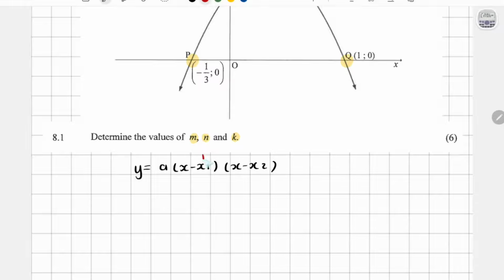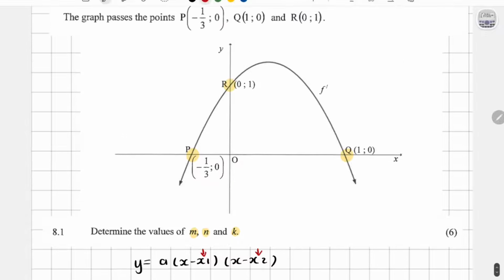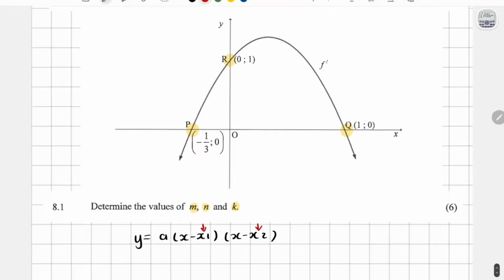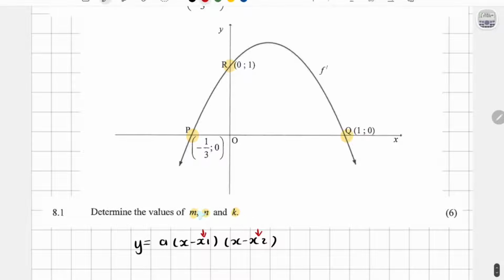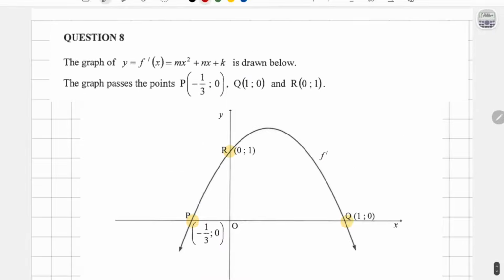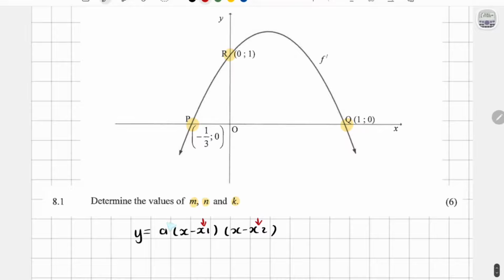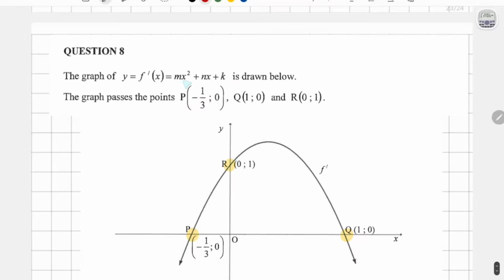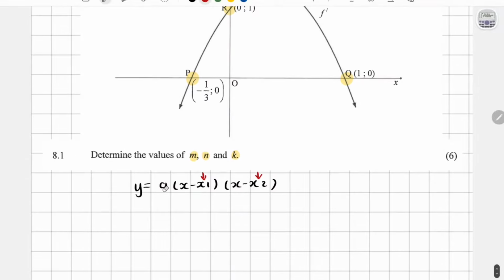So these would be your two x-intercepts, those x values. So we can actually use this. But because they strictly did say that we would have to find m, n, and k, I can just call a m, because here it's in the form of ax squared plus bx plus c. So as you can see, because a is in line with m, then that is m. So I'm just going to change that to m.